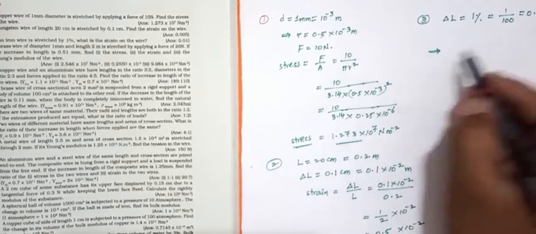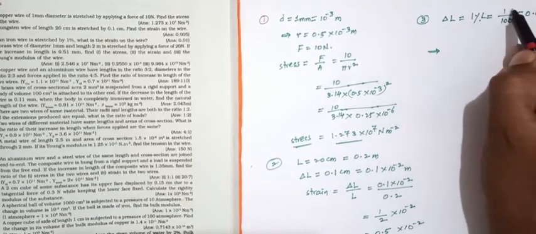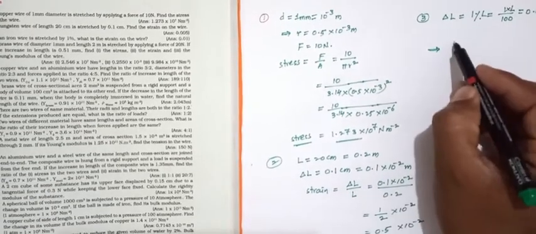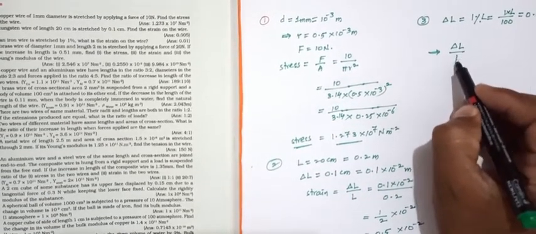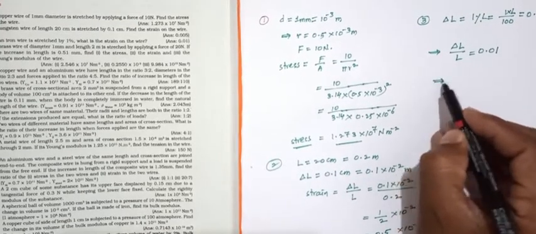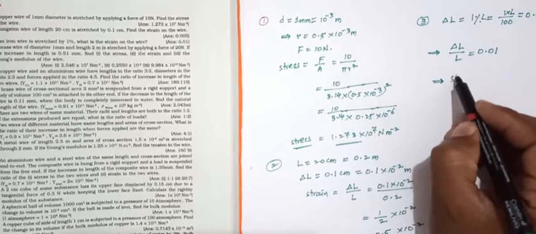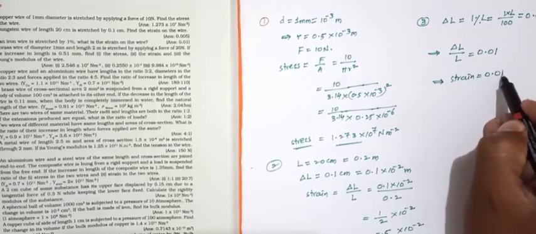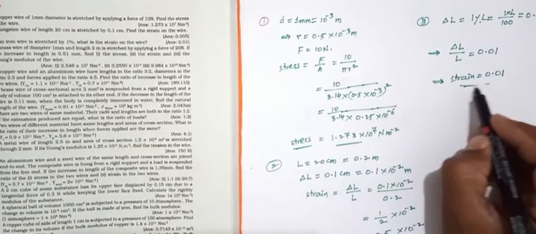So from this equation, delta L equals 0.01 into L, so delta L by L equals 0.01. Delta L by L is nothing but the strain of the wire. Strain equals 0.01. So this is the answer.